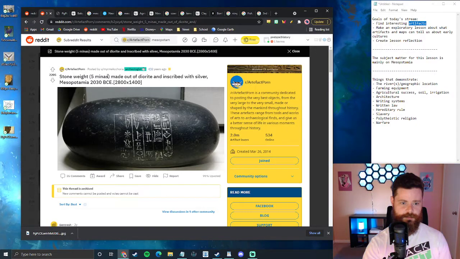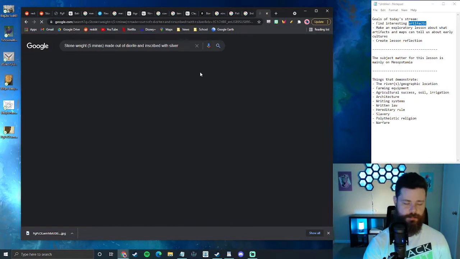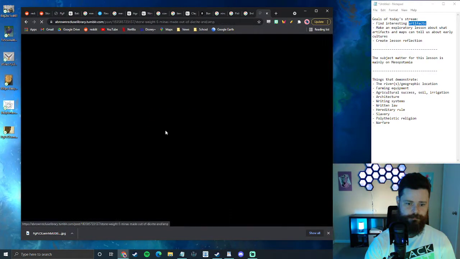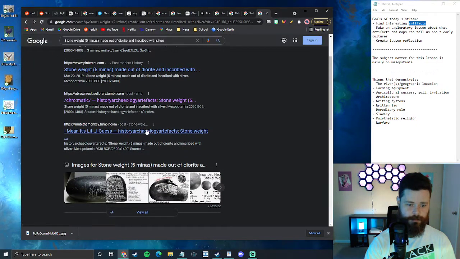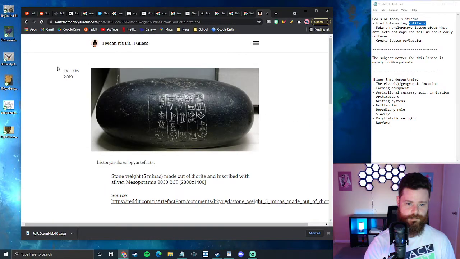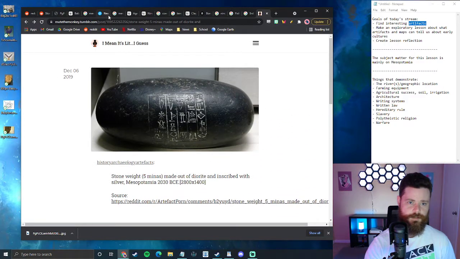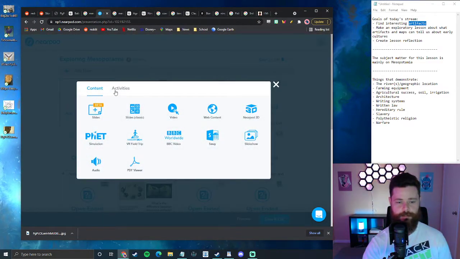So stone weight, 5 minas. Just anywhere else. Okay, well, cool. Not a whole lot of information. So I'm not going to be able to find a whole lot of stuff about it in general, but that should be okay.